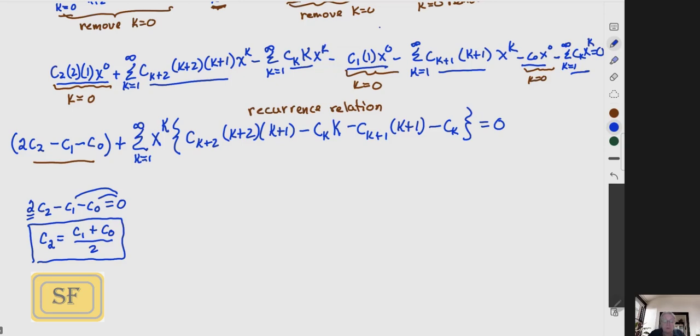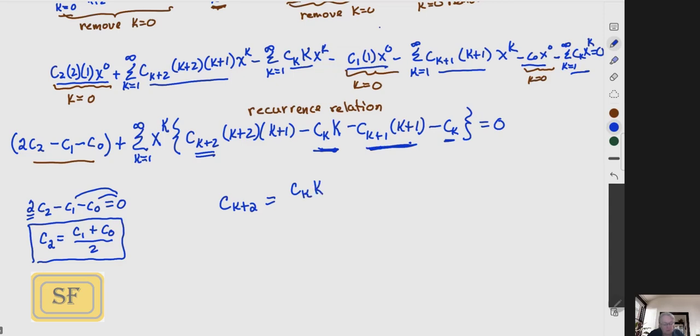From inside of the summation, if I solve for my higher index, which is the k plus 2, then all of these other terms, these 3 terms, that's all one term, will go to the right side of the equation. So I'm going to have c sub k plus 2 equals, then bring this negative c sub k times k over. It becomes a positive.